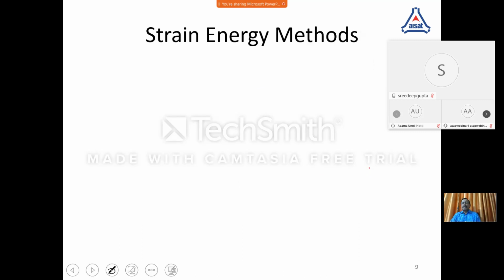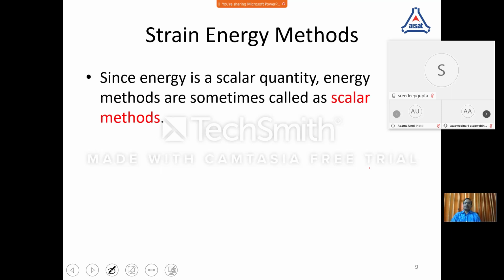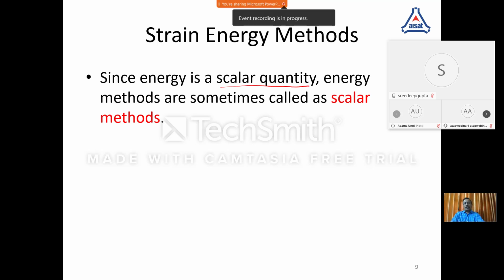Coming to the strain energy methods, what is meant by a strain energy method and why it is used. The major advantage of a strain energy method is that it is a scalar method, because energy is a scalar quantity, and we know what is a vector quantity and what is a tensor.